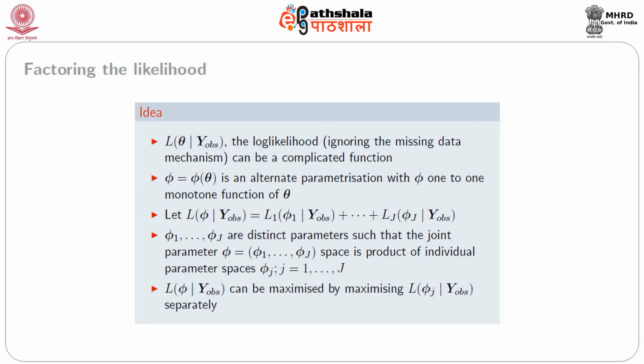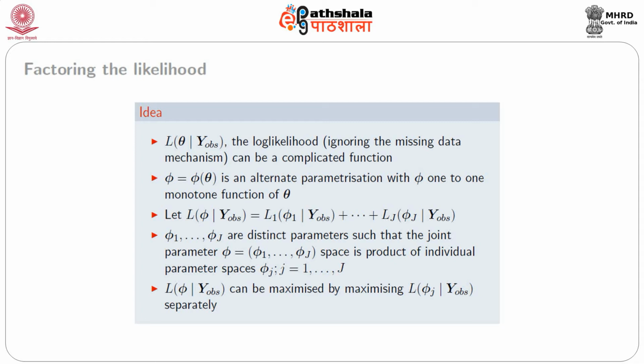So, this phi can be distinct parameters such that the joint parameter space of phi, which is phi 1 to phi j, is the product of the individual parameter spaces for phi j, where j runs from 1 to capital J. So, here L phi given y observed can be maximized by maximizing Lj phi j given y observed separately.